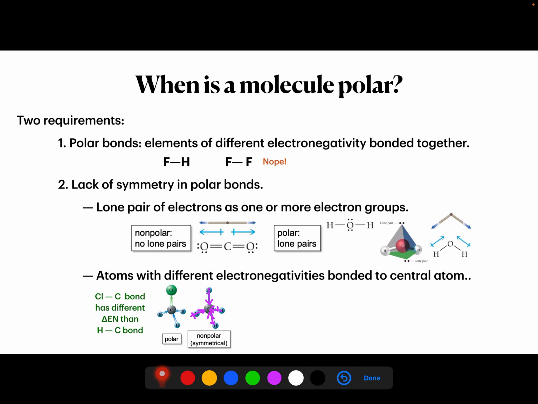But in the case here with a chlorine, that wouldn't be true, because there is an electronegativity difference between a chlorine and carbon bond that differs from the hydrogen and carbon bonds, so they are not all canceling each other out.